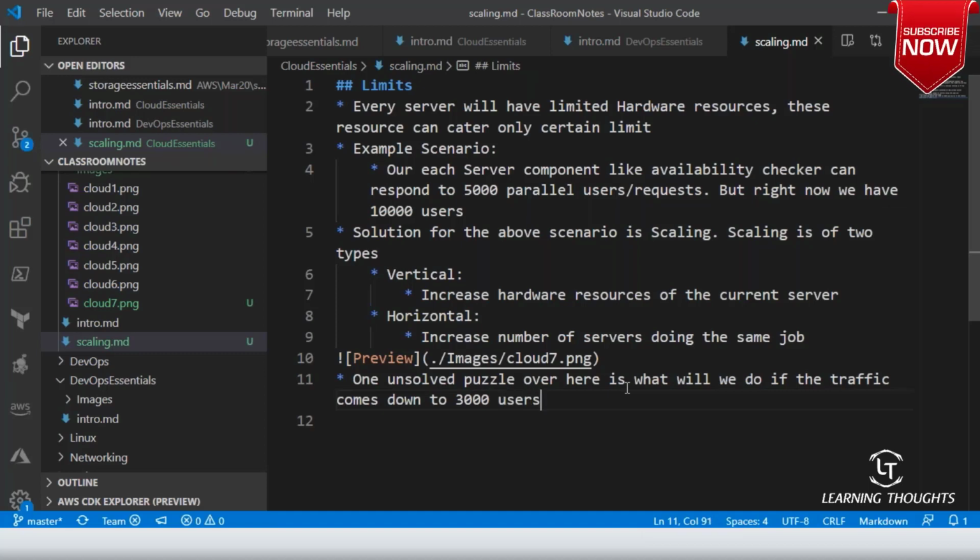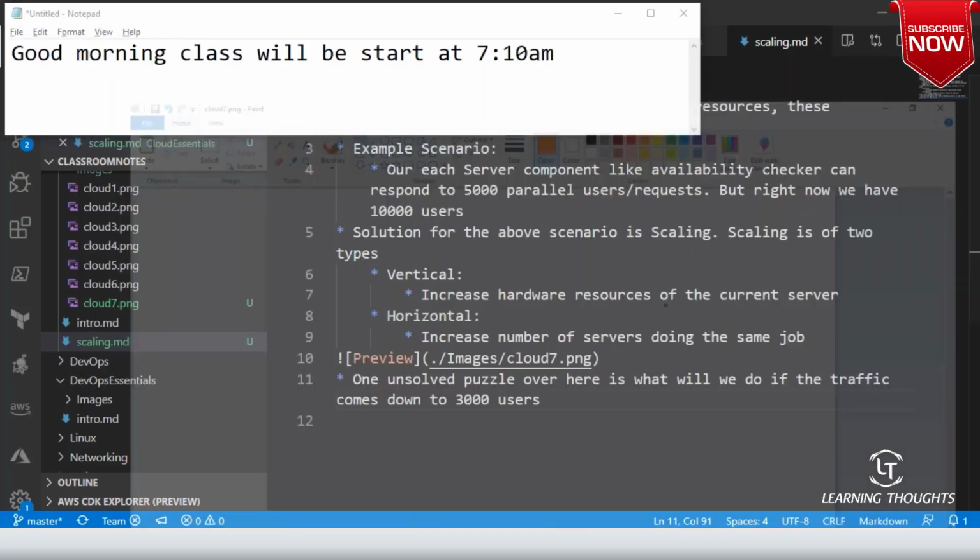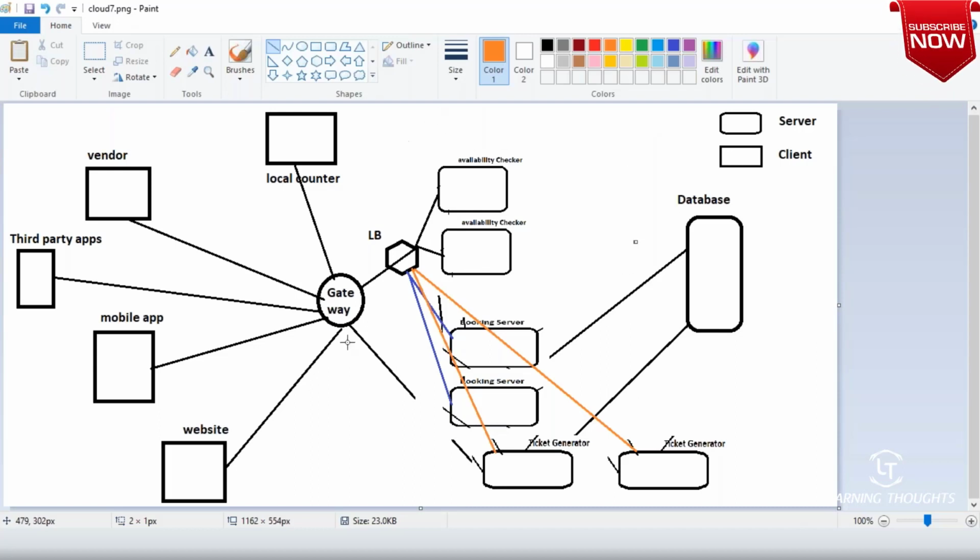The problem with this approach is, when the traffic comes down, you have more horsepower and you are not using it efficiently. Each server can do 5,000 parallel requests. At this point, you have approximately 10,000.